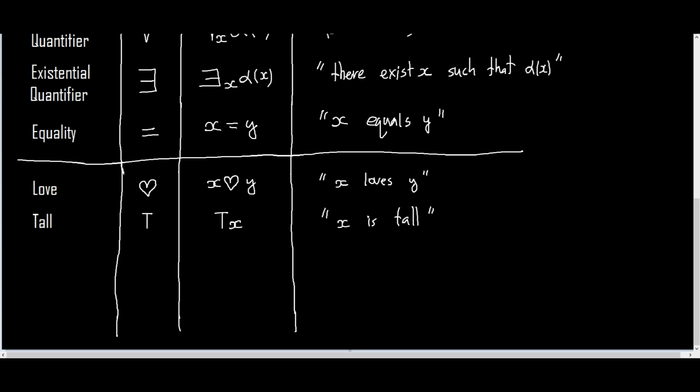There we go. This is a symbol for expressing that x is tall. Let's say we are talking about human beings here in this case as well. Then other symbols we would want to add would be, for instance, if we're doing arithmetic, we want to have a symbol for addition.